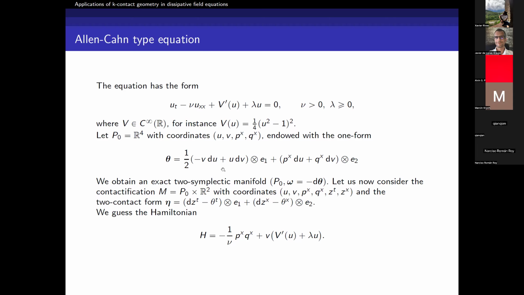The form that this theta has is quite easy because one is a Liouville form and the second one is something that depends on the configuration. It is something that allows you to define PDEs, second order PDEs, provided the Hamiltonian is regular, and the definition of regularity is the typical one for a cotangent bundle, because here you have a cotangent bundle, with u, p^x, v, and q^x.